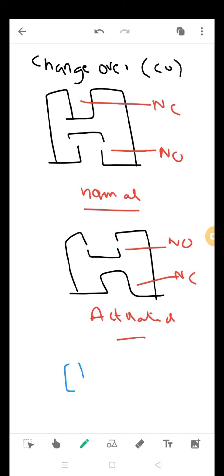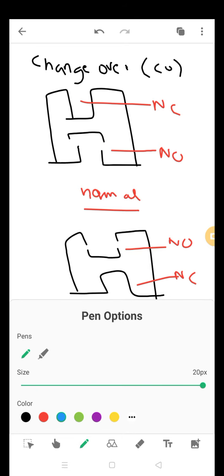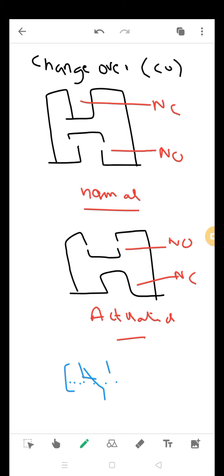As you can remember, 3 and 4 would indicate open positions, and 1 and 2 represent closed positions.